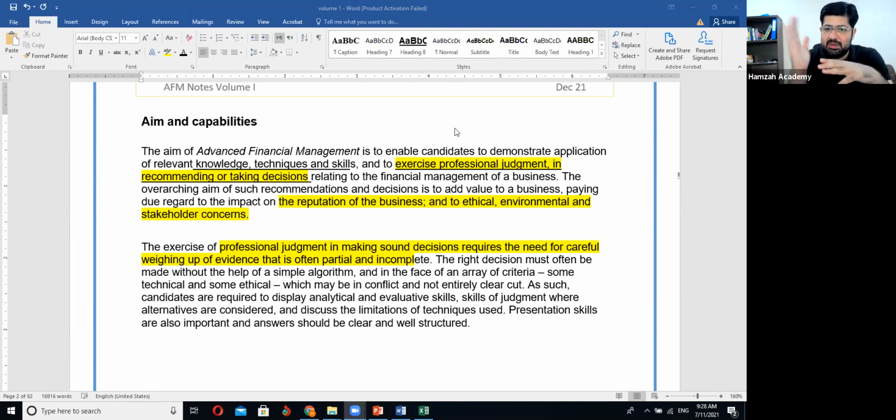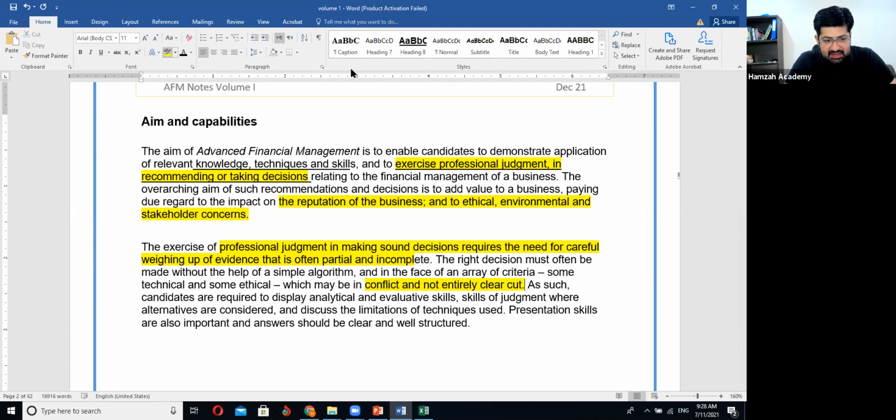What if I take decision B? What are the pros and cons of it? So that's why we have to consider both sides. Some technical and ethical issues may also be in conflict. This is what students don't understand when they are doing the discursive part of the syllabus, when they are solving the question. They say it should be accepted. But what will happen?